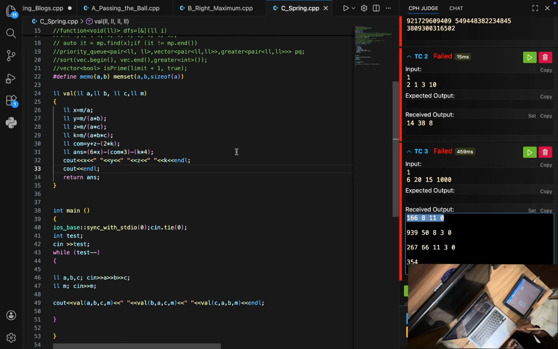So they are not interrupted by anyone. 166 is 6 into 166 minus 8 and 11. 8 plus 11 into 3. 939. Yeah, that should be the answer.